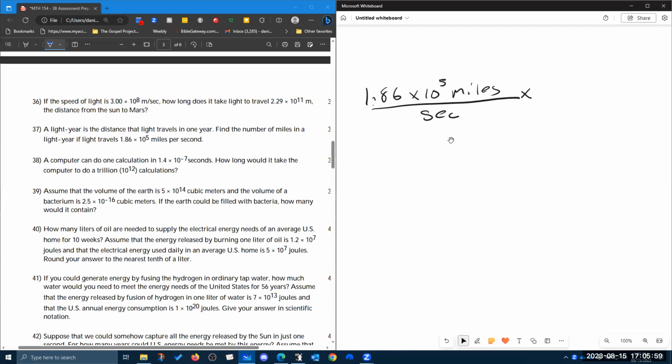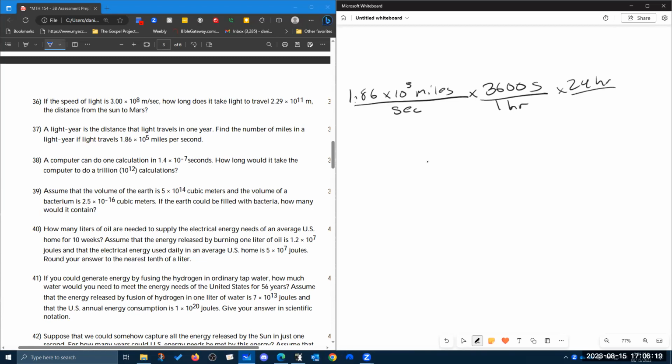So we need some conversion factors here. There's 3,600 seconds in 1 hour. There's 24 hours in 1 day. And there's 365 days per year. So seconds go away, hours go away, days go away.